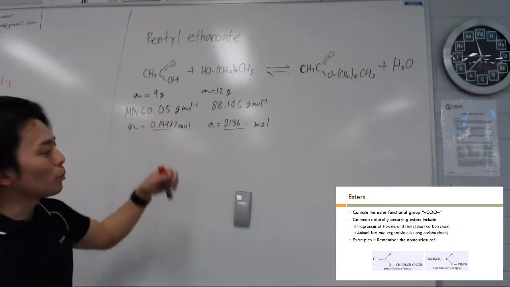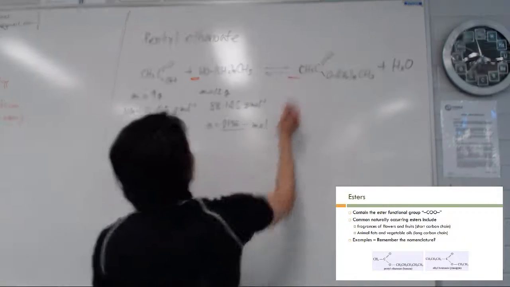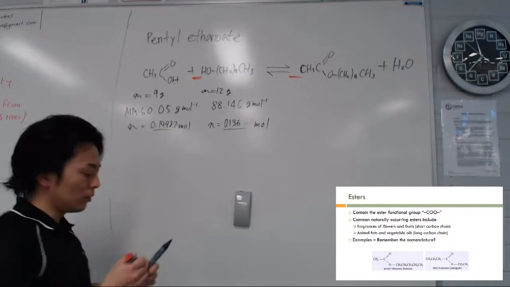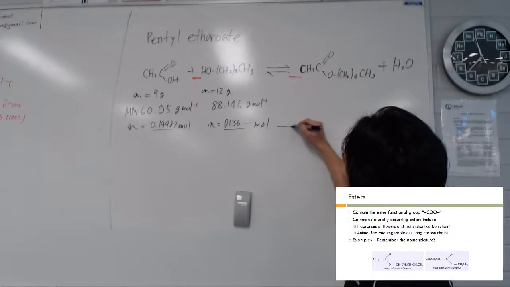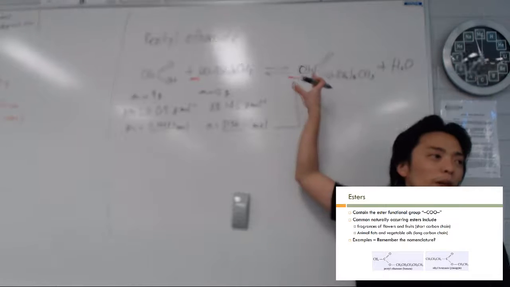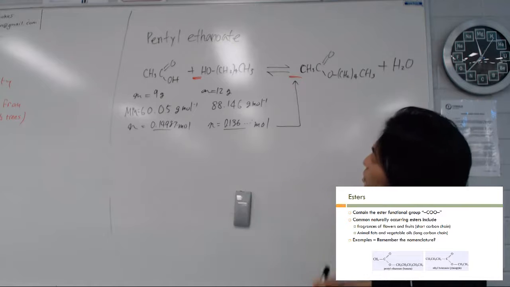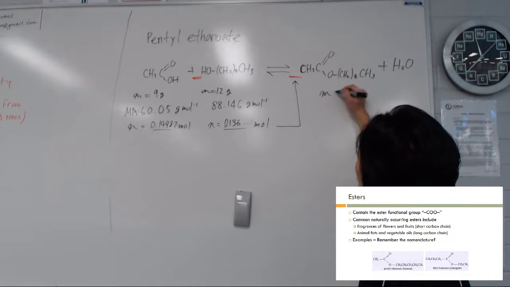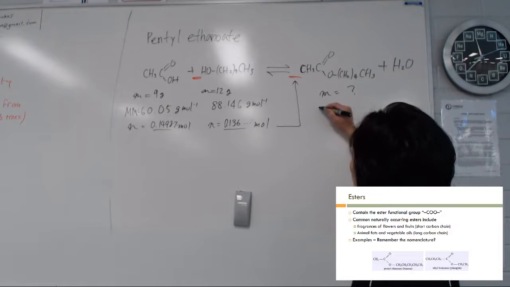And looking at mole ratio, which is 1 here and 1 here, so same ratio. So theoretically speaking, you should be able to get the same number of mole of this product. Yeah? So how many gram is that? Well, that's something you have to calculate as theoretical mass. You've got molar mass, or you can find the molar mass of that.